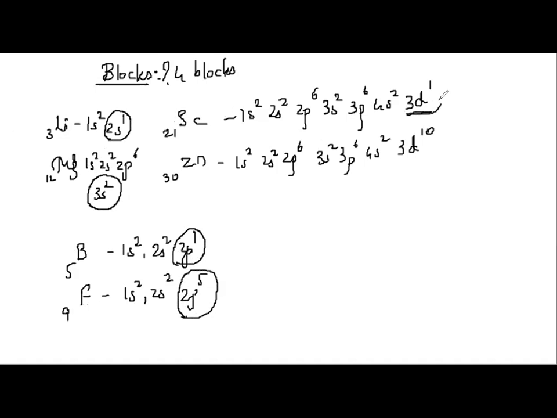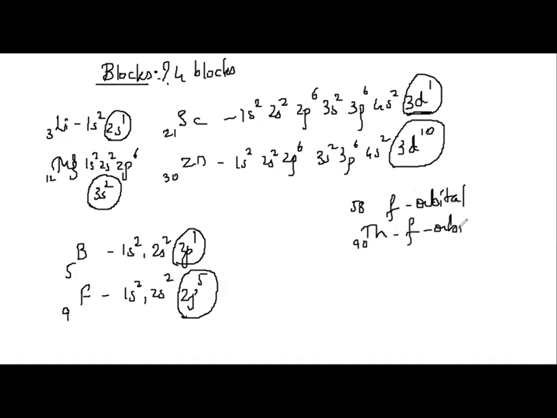Scandium, the last electron is entering into d orbital. Here also in zinc, the last electron is entering into d orbital. If you take after lanthanum 57, 58 atomic number, cerium or so, the last electron will enter into f orbital. Actinoids, thorium, atomic number 90, the last electron will enter into f orbital.